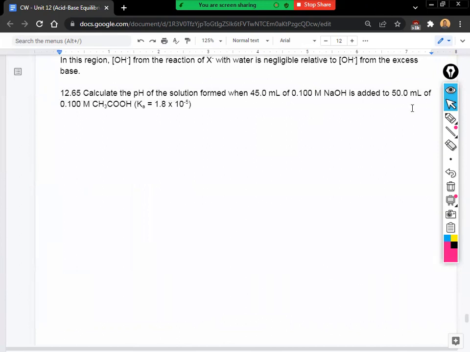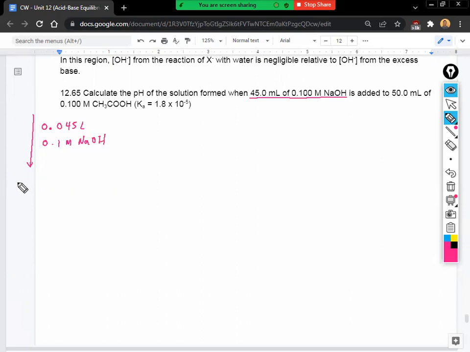Okay, so here, let's draw out what is going on in this situation. It's asking us to calculate the pH of the solution formed when 45 milliliters of 0.1 molarity NaOH, so basically we're dropping the base, 45 milliliters. I'm going to change that to 0.045 liters of 0.1 molarity NaOH.